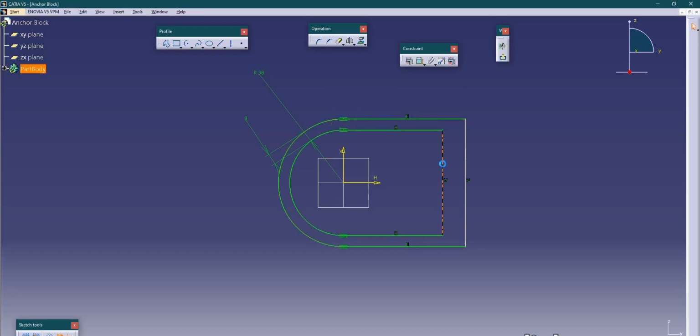We must take care that this is also the common gap of 8 mm.